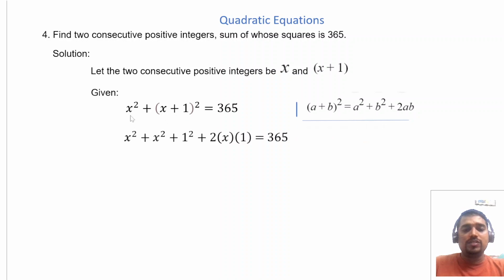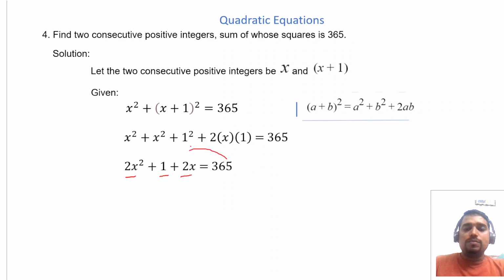Therefore the terms of LHS would be x square as it is, and (x plus 1) whole square would be a square plus b square plus 2 into a into b. That is, upon simplification of LHS, x square plus x square would be 2x square, plus 1 square is 1, 2 into x into 1 is 2x, is equal to 365.